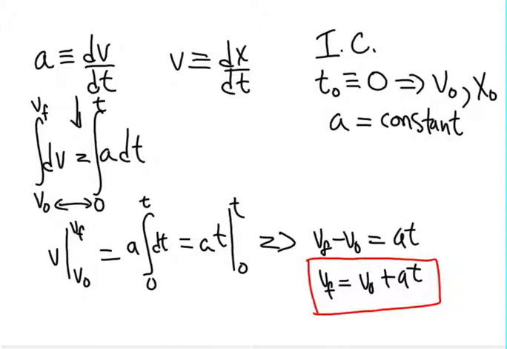Now what we're going to do is derive the next kinematics equation using our definition for velocity, where velocity is just defined to be the rate of change of position. And again, we can rearrange this to say that a small change in position is just the velocity times a small infinitesimal period of time.